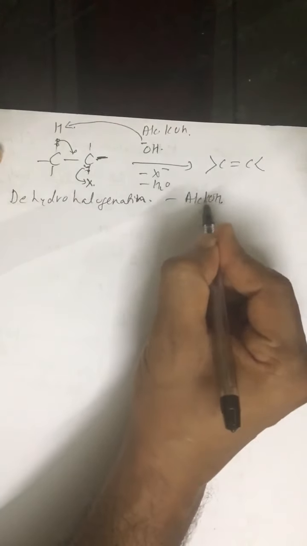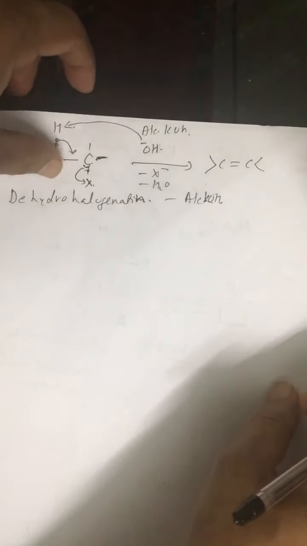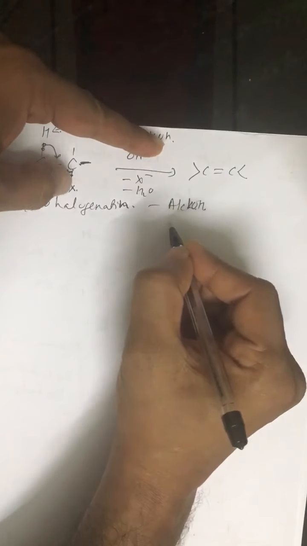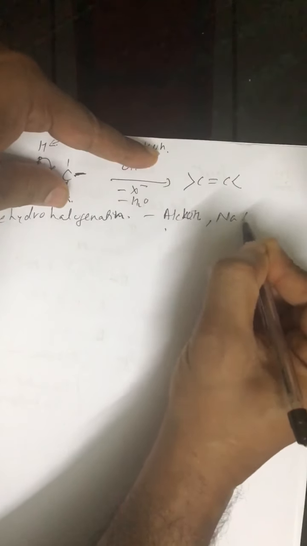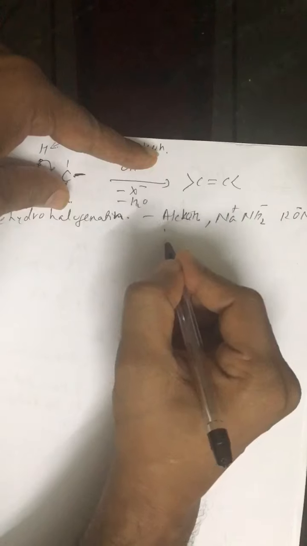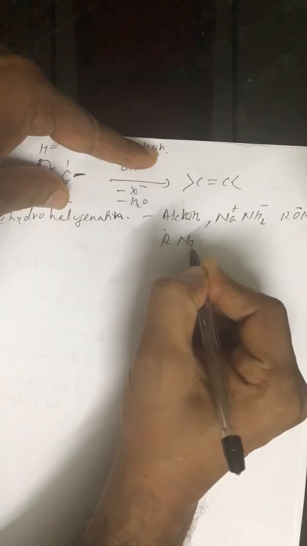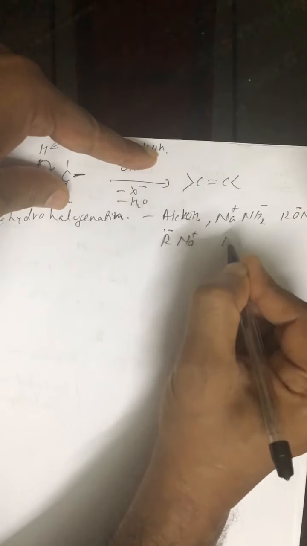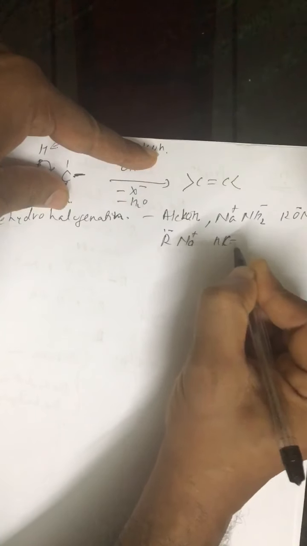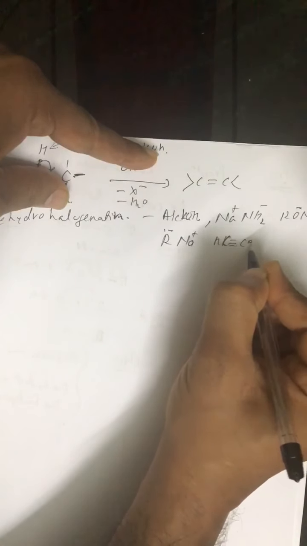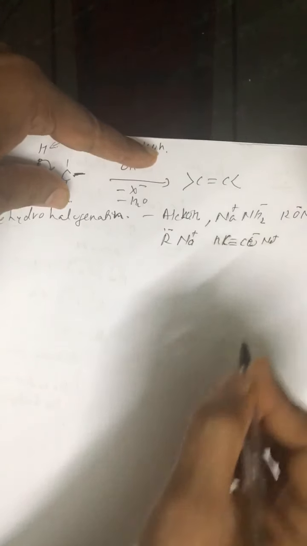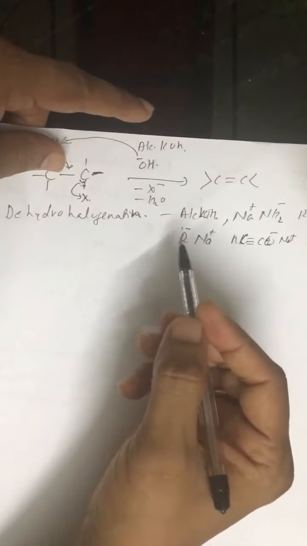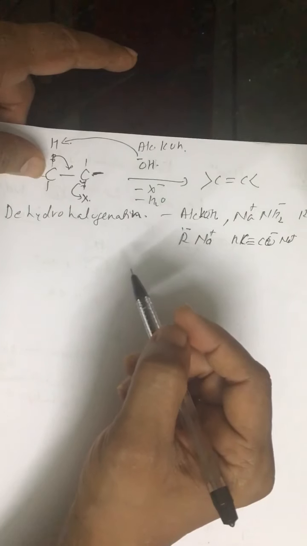Now, if alcoholic KOH can do this, you can also use NaNH2, sodamide, or you can use RONa, that is sodium alkoxide, or even sodium acetylide, etc. These reagents can be used for dehydrohalogenation.